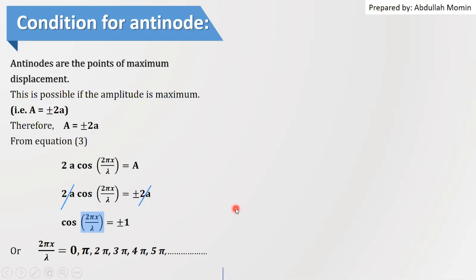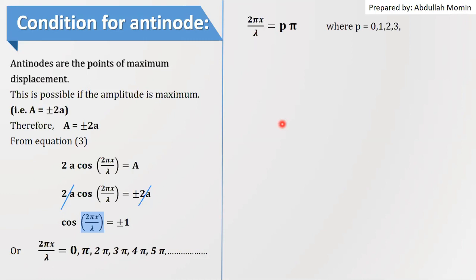So in general, we write this sequence as 2 pi x upon lambda is equal to p pi, and we are going to start the value of p from 0. In the previous slide we started the value of p from 1, but in order to get this sequence correct, we start p from 0.